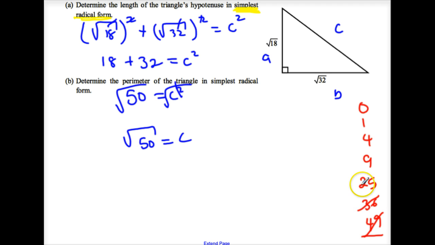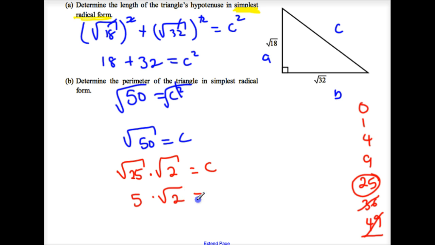No. 25? Yes. So that's going to be my first number, square root of 25. 25 times 2 will give me 50. And then the square root of 25 is 5 times radical 2, which is my c. So my c in simplest terms is going to be 5 radical 2.